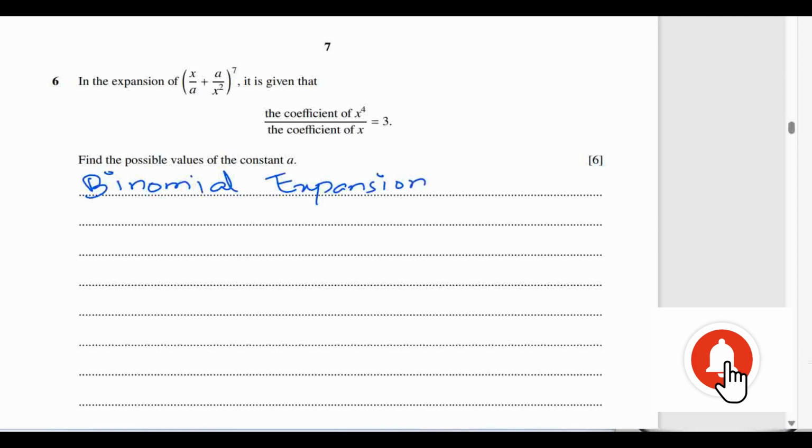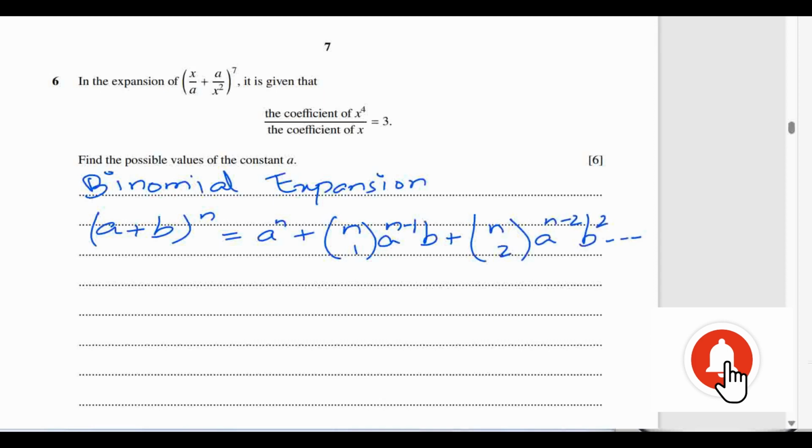Now the formula for the binomial expansion is that (a + b)^n equals a^n plus nC1 a^(n-1) b plus nC2 a^(n-2) b^2, and so on.